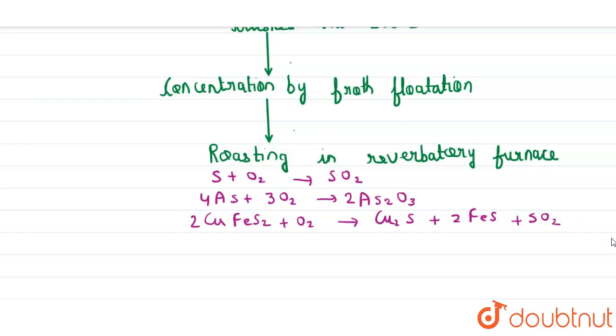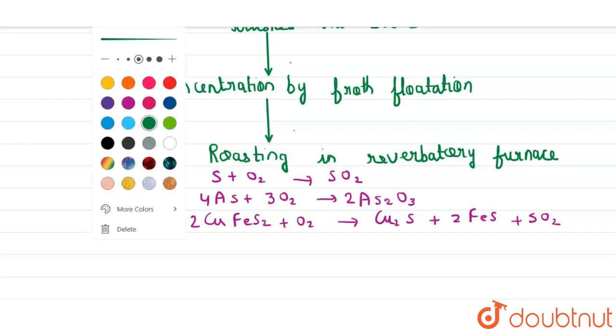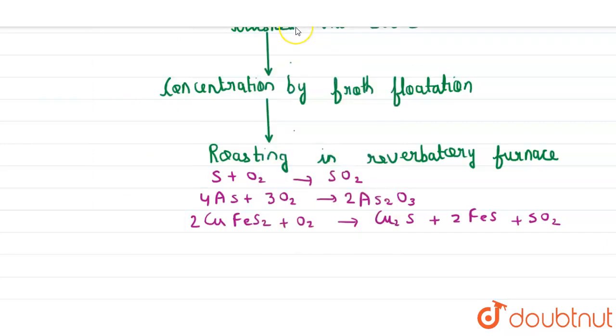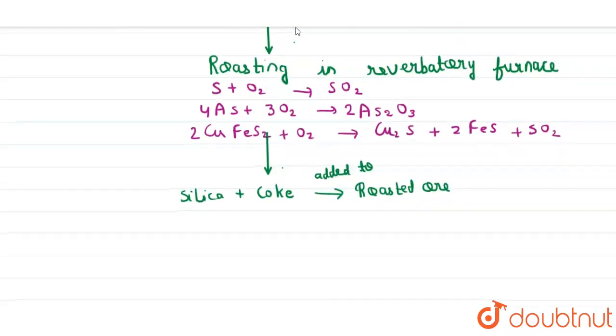Now what we do next is we take silica plus coke and add it to the roasted ore, where it basically forms the slag.